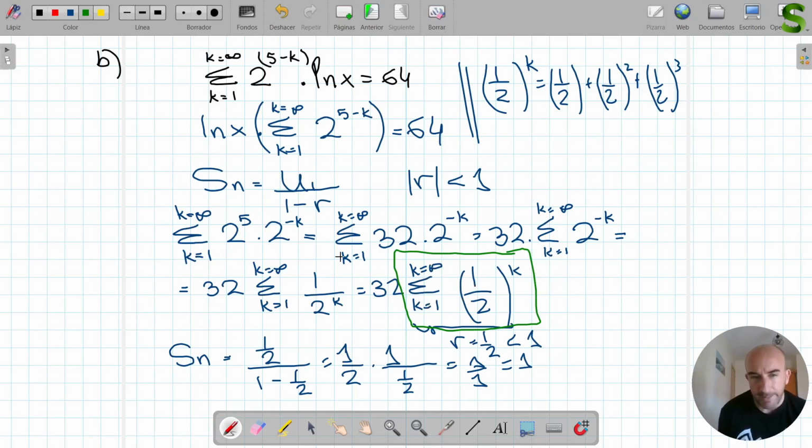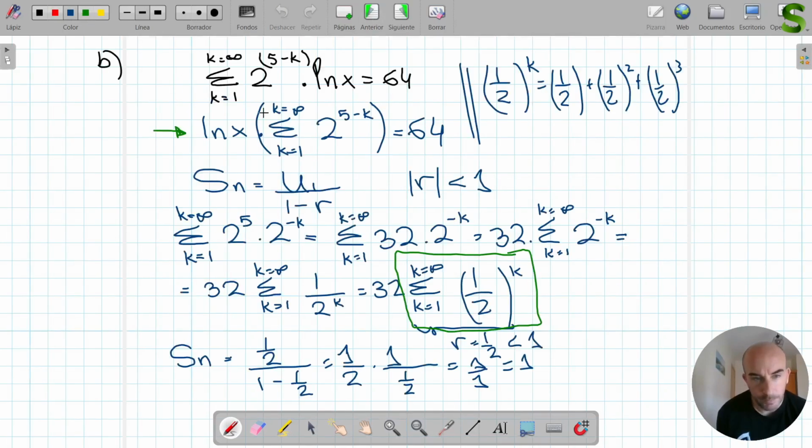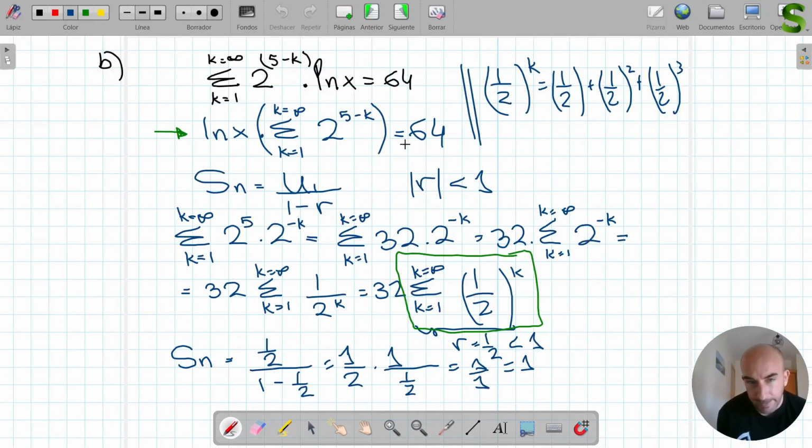Okay, so again, this formula over here can be written as the logarithm of x, and then 2 to the power of 5 could be written as 32 times that sum. So that's 32 times, and we've said that the sum to infinity was 1. And that was equal to 64.